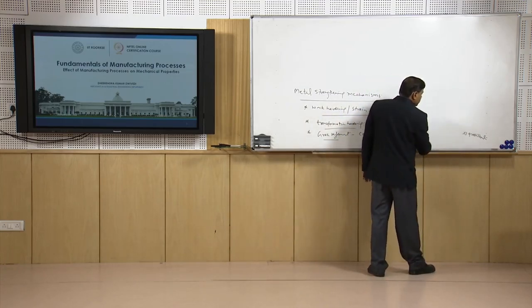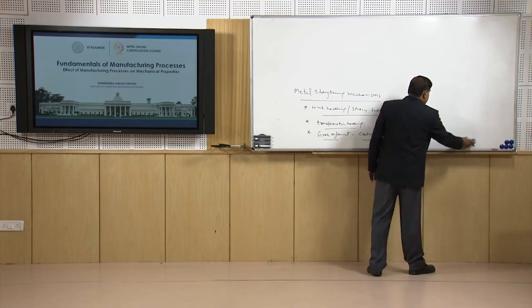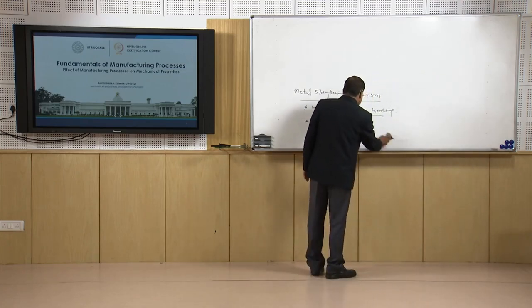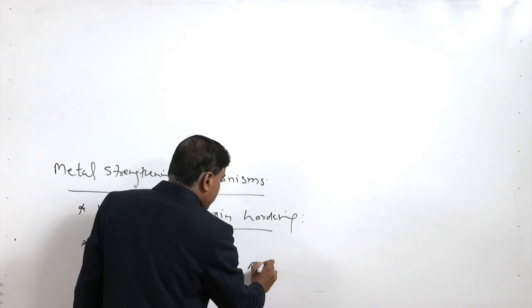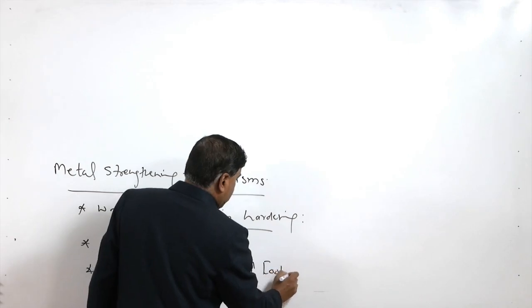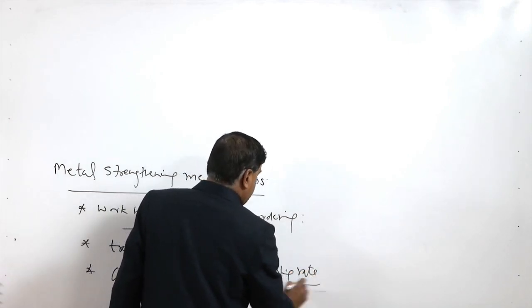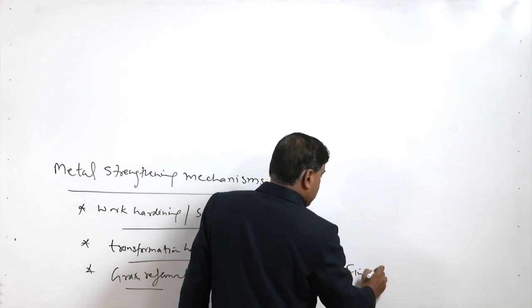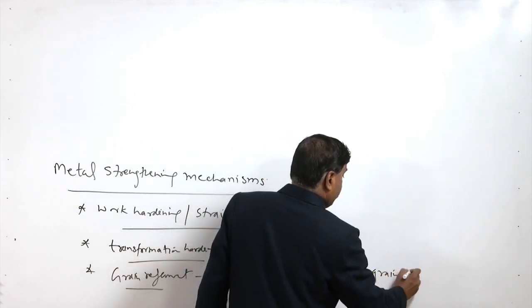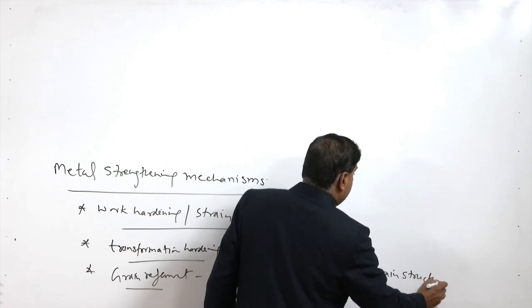During the solidification, whatever is the cooling rate experienced by the metal, that determines the grain size. So, in general, high cooling rate results in the finer grain structure. So, this is what we can see.